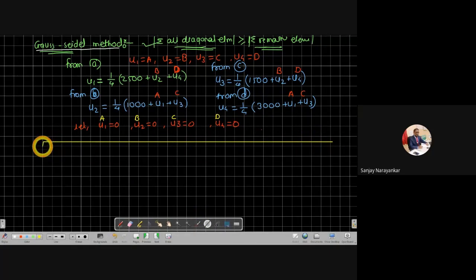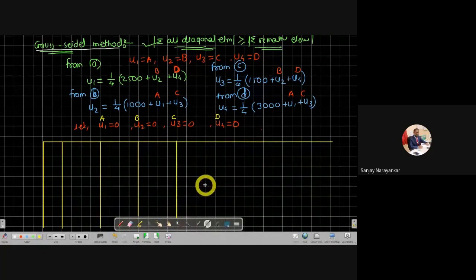I'm not going to explain the entire calculations, but we'll do a few calculations together for U1, U2, U3. The accuracy you can consider here is 0.01, if it is not mentioned. So you just keep on checking accuracy. This is for U1, this is for U2, and this is for U3.